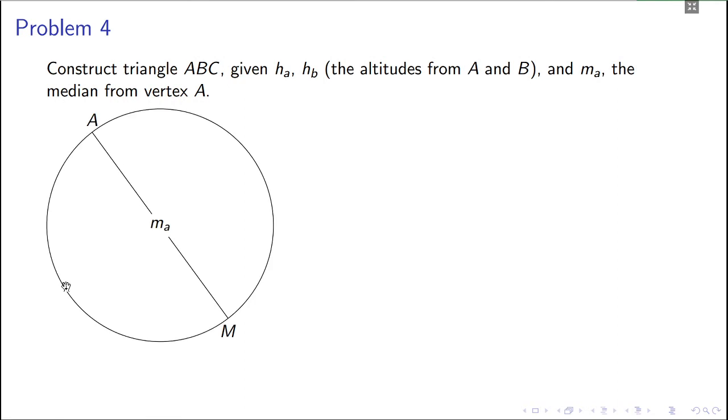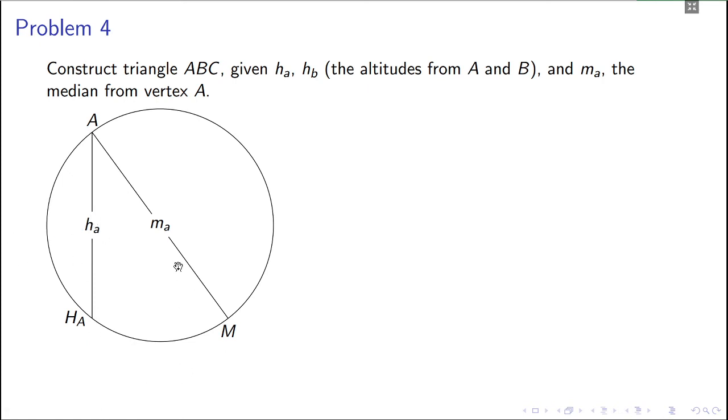Basically, the first step is you take AM as the diameter of length MA and make a circle, and on one side you cut off a length HA. You can actually cut off on both sides, but since it's symmetric, you will end up with congruent triangles. So you just cut it off on one side, find this point HA, so that this length is of this value HA.